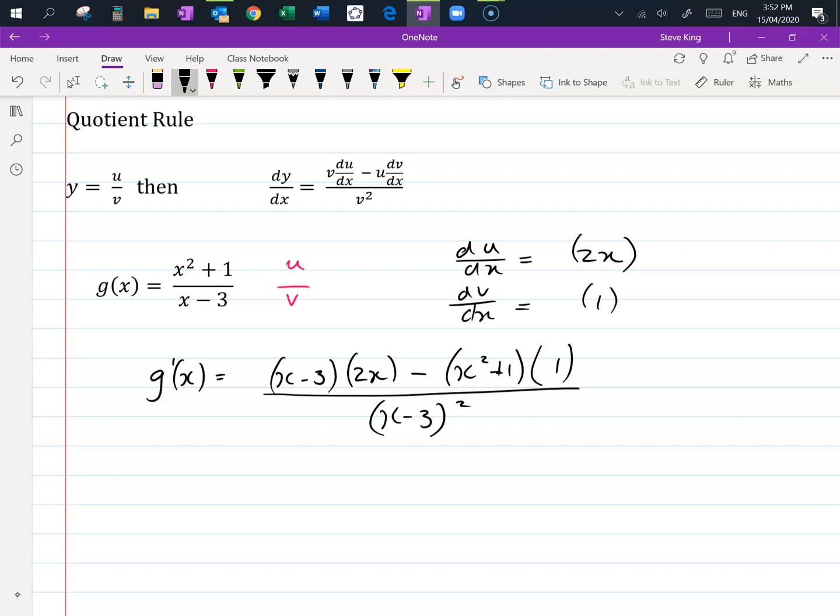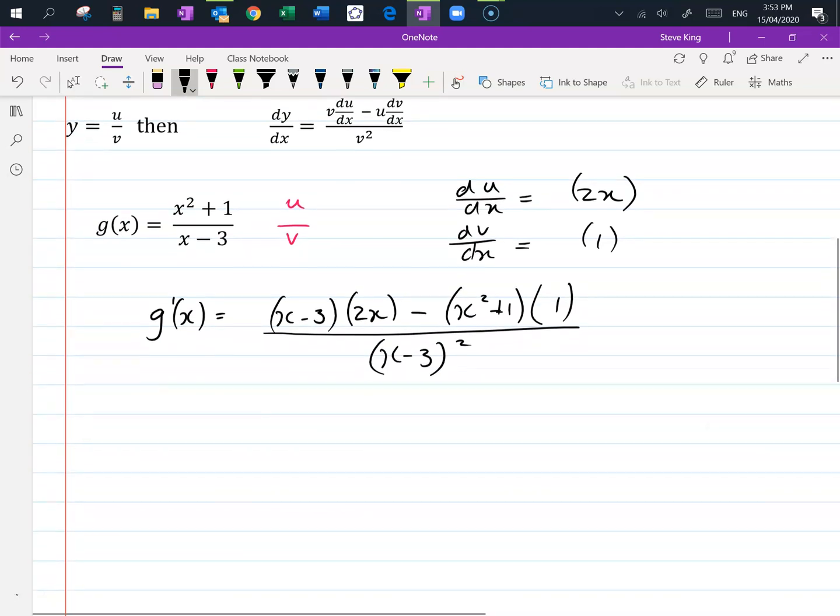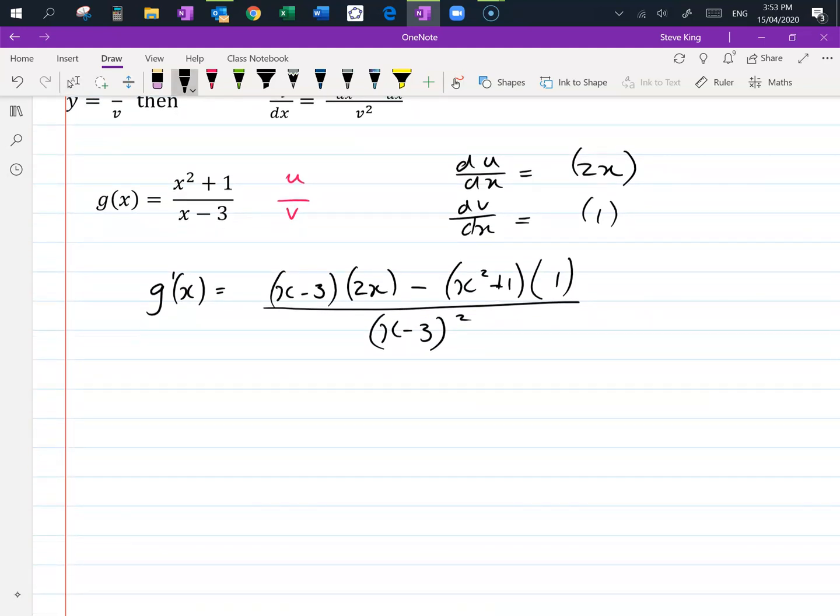Just make sure you put that squared on. A lot of people forget it, and that causes issues. If we just tidy up the top line now, what am I going to have? I'm going to have 2x squared minus 6x minus x minus 1, minus x squared minus 1 rather, all over x minus 3 all squared.